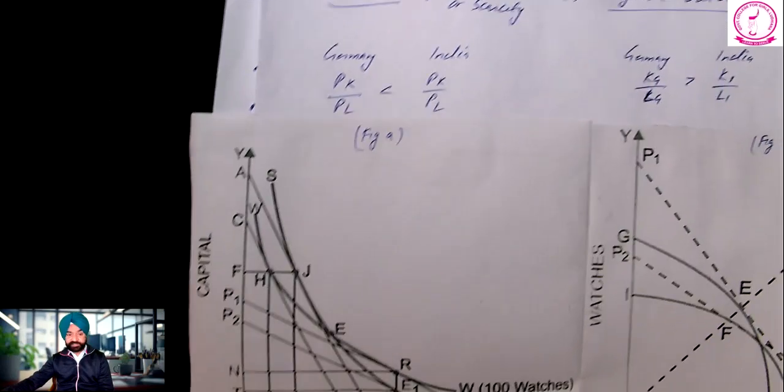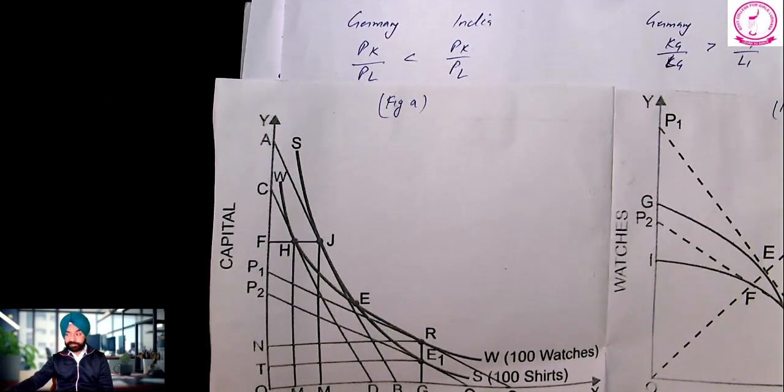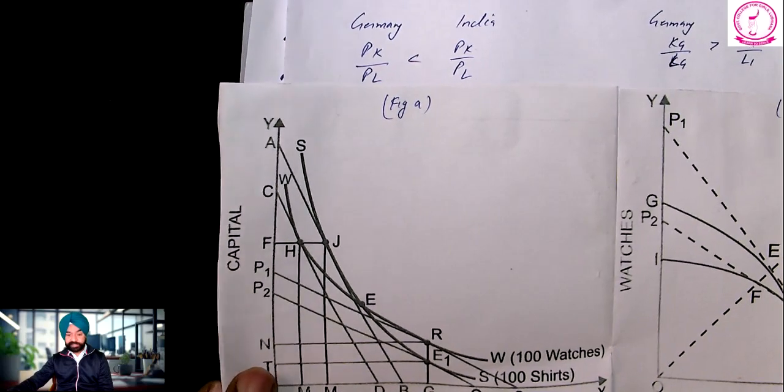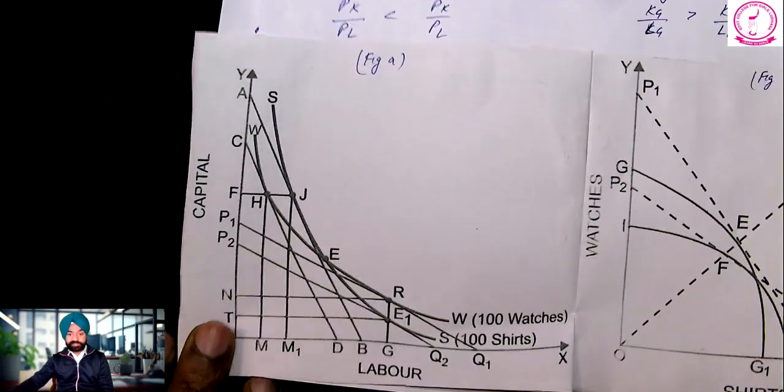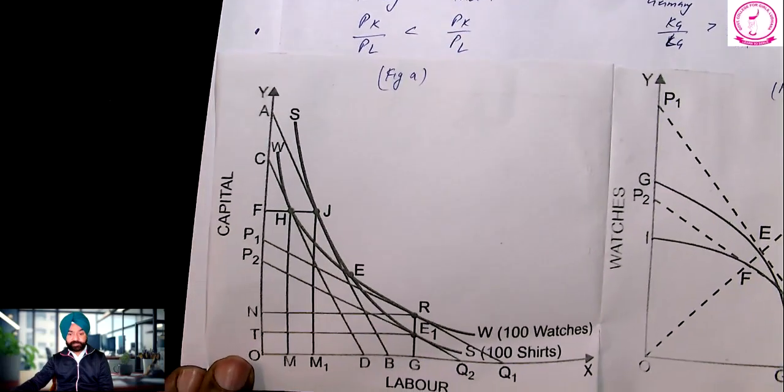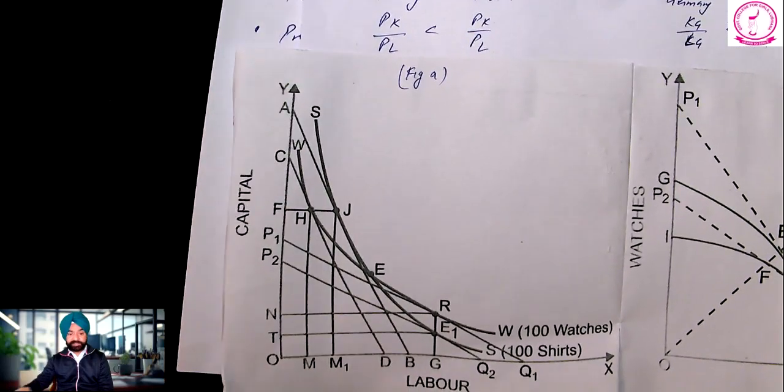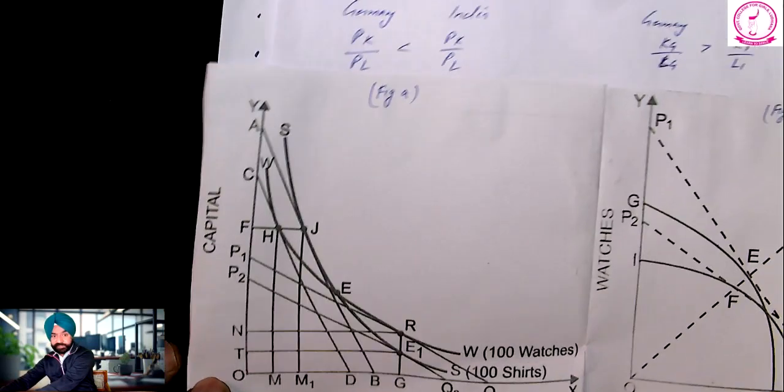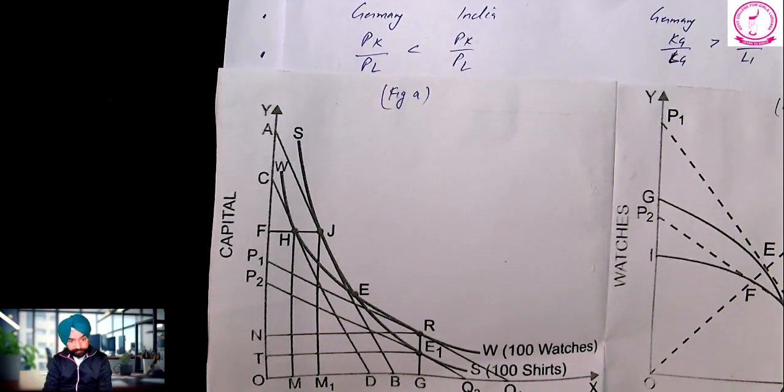Then we have to discuss this diagram also. This is a very important diagram, in which you can see in figure A, on the x-axis we have labor, and on the y-axis we have capital. There are two types of things to discuss here. Number one, cost lines, known as isocost lines, and isoquants, which are equal product curves.